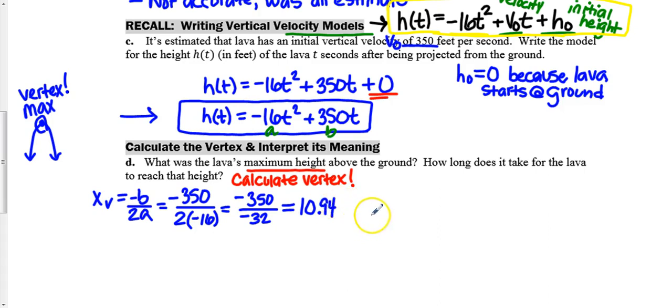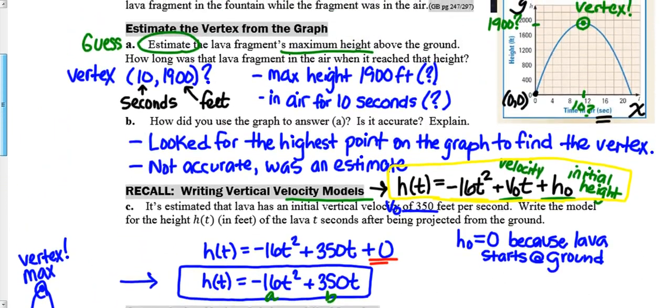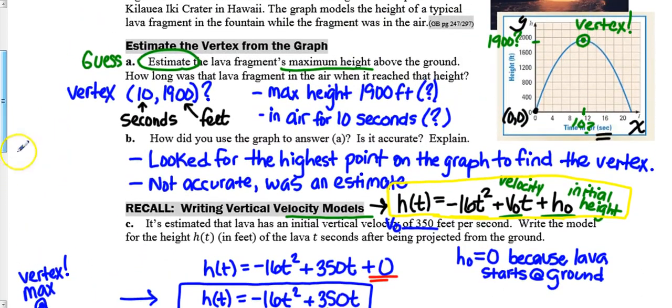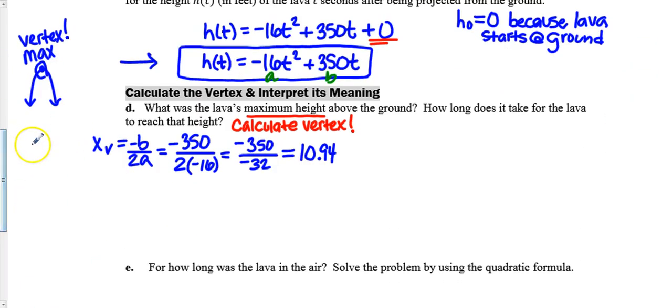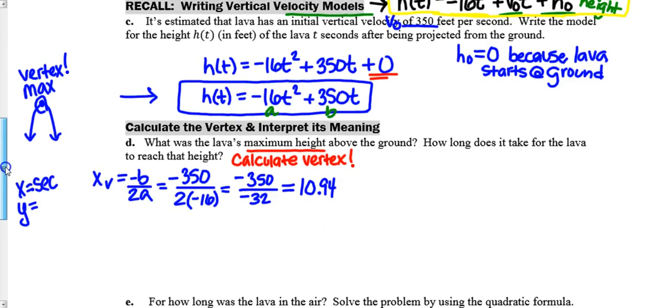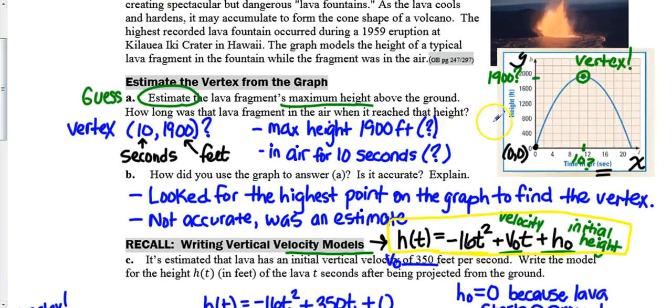Now, what label do I put on this? Notice I'm talking about x. So when I come back up here, look at the graph. What does x represent? Well, I see x is seconds, so maybe I want to keep track of that. Off to the side, x equals seconds, and y equals, what does y equal?